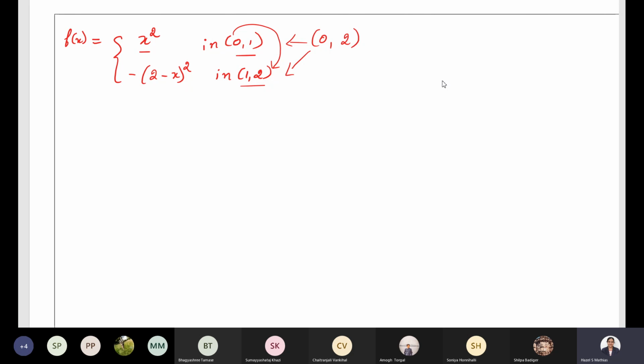The length of the original interval is upper limit minus lower limit, 2 minus 0, which is equal to 2. And what is the standard period? It's 2L. If you equate it with the length of the interval, we get L value to be equal to 1. So this is the value of L.